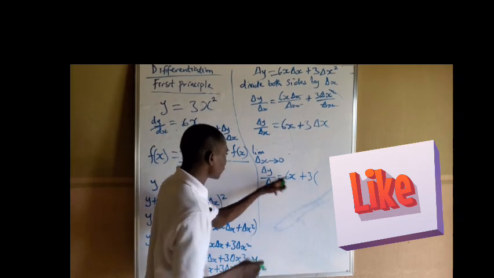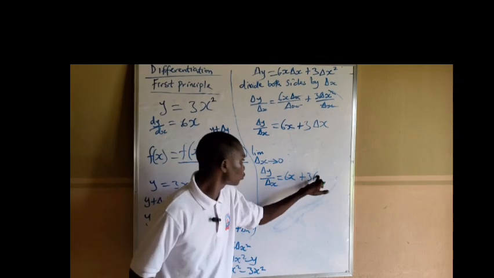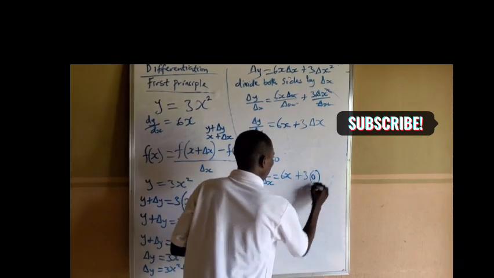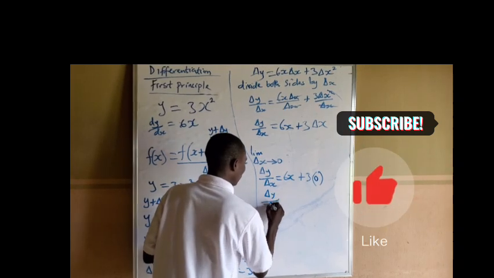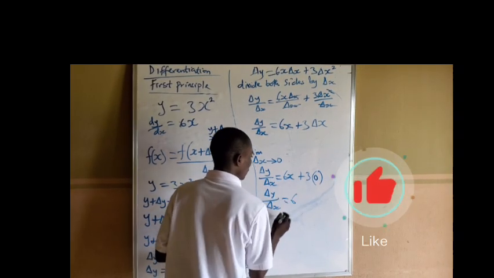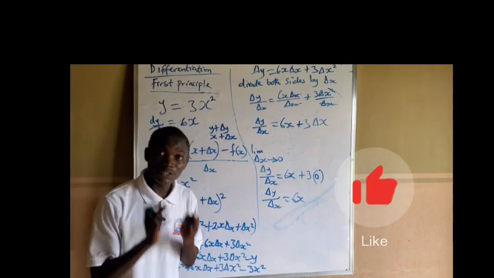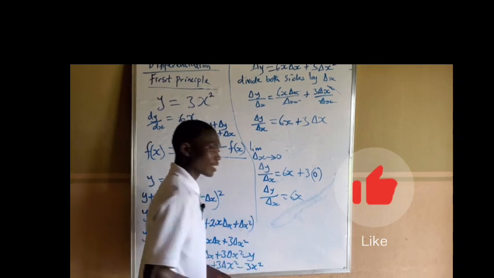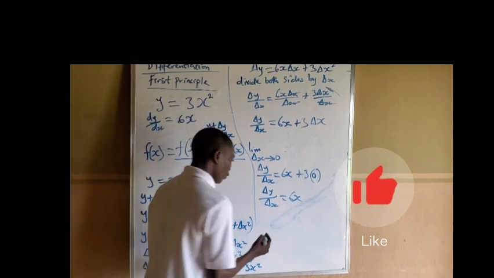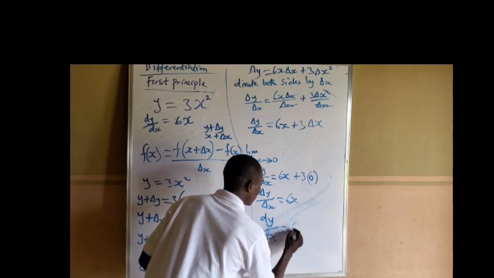We have taken the limits as change in x approaches 0, so we substitute it with 0. We have change in y over change in x equals 6x. By the time you use 3 to multiply 0, it will still give us 0, so you don't need to write it. So change in y over change in x is the same thing as dy/dx. Therefore dy/dx equals 6x.